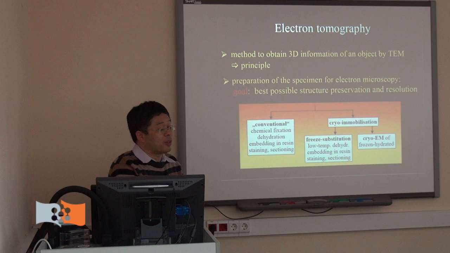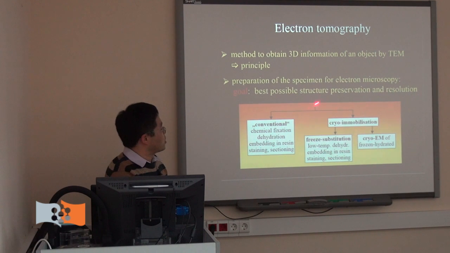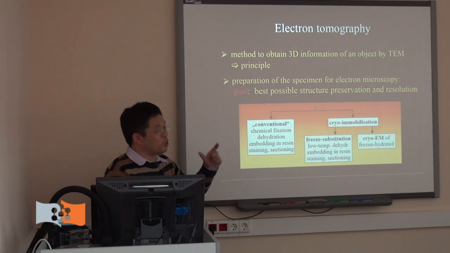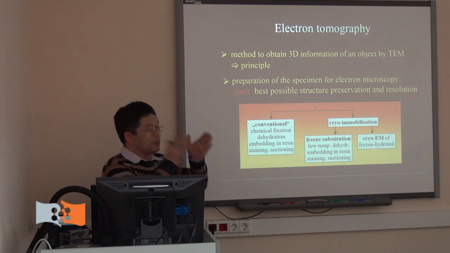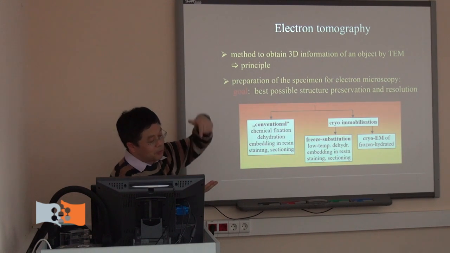A lot of application of electron tomography is in cellular biology. Because the cell is too big to be observed in EM, we have to cut it into very thin layers, ultra thin sections, so the electron beam can get through.